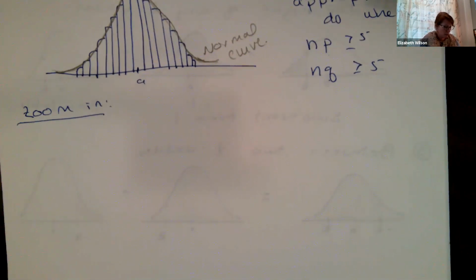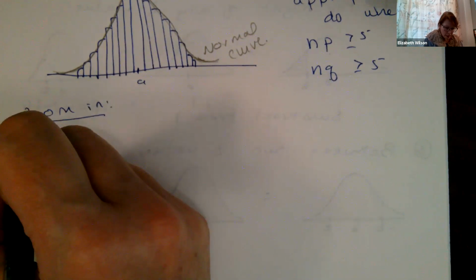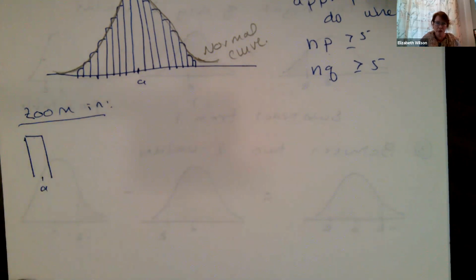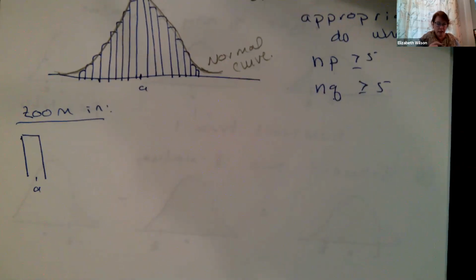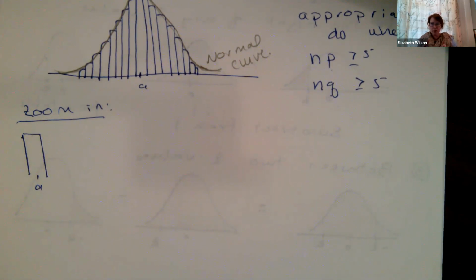So let's say, for example, we've got a case like this. This is my A value. My A value sits right in the middle of my box. My box is a particular quantity of success or failure.